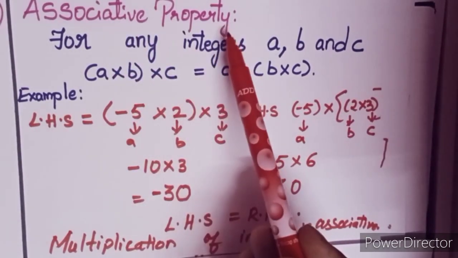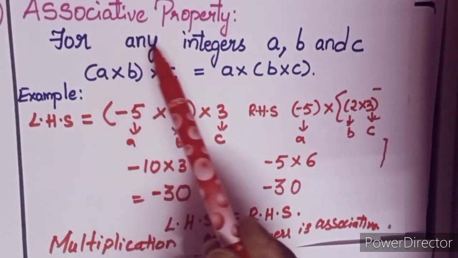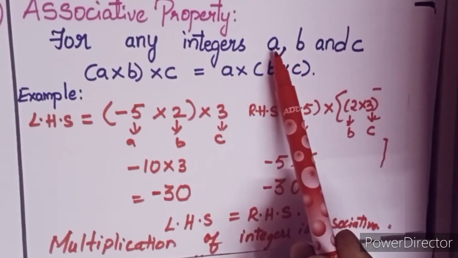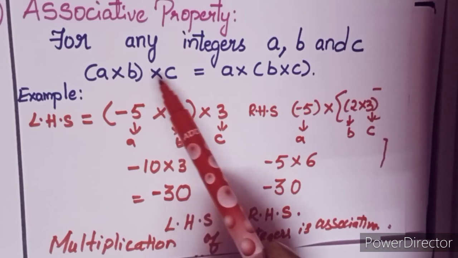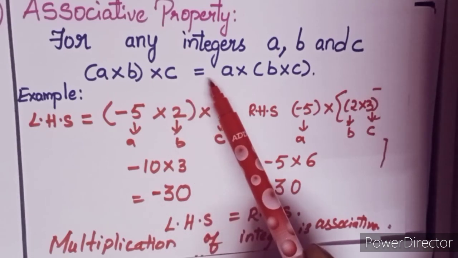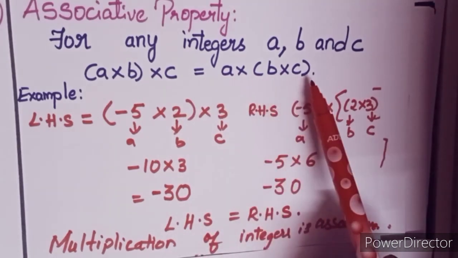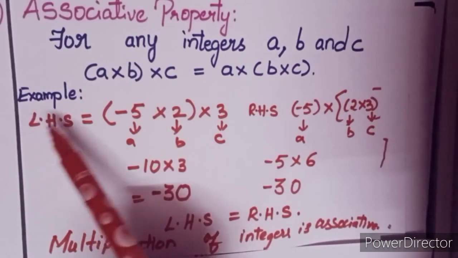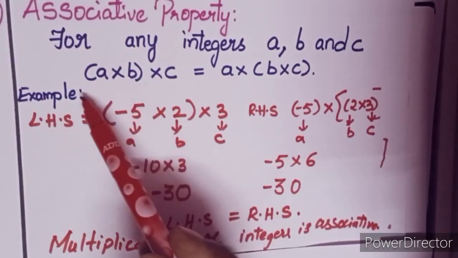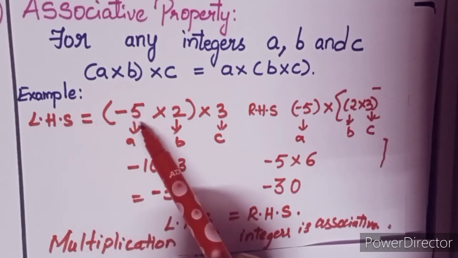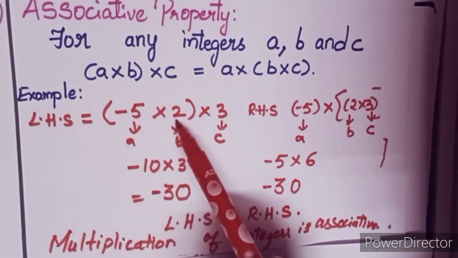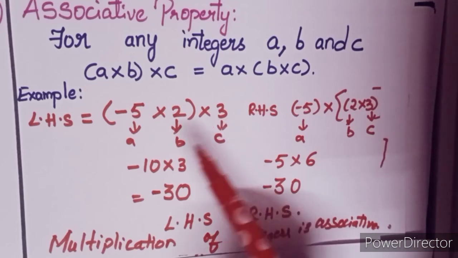Now associative property, children. For any integers a, b and c, a into b into c equals a into b into c, with the brackets grouped differently. For example, see left hand side. We are taking the left hand side, children: minus 5 into 2 into 3.